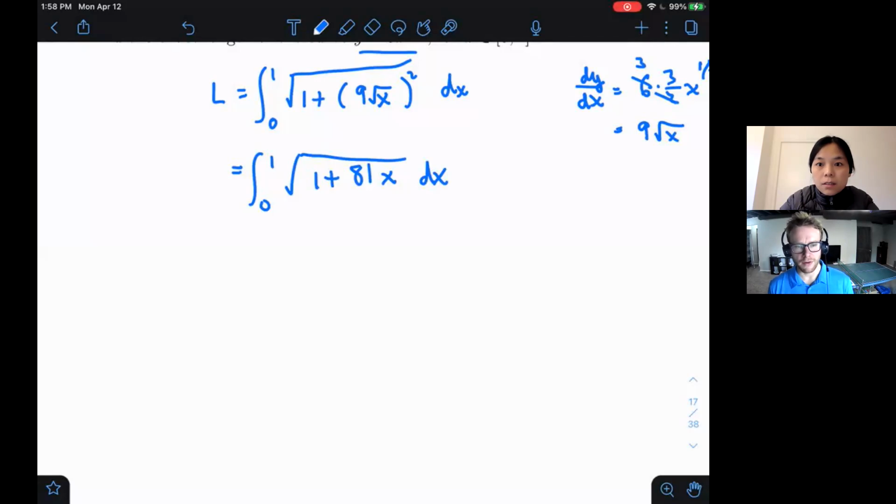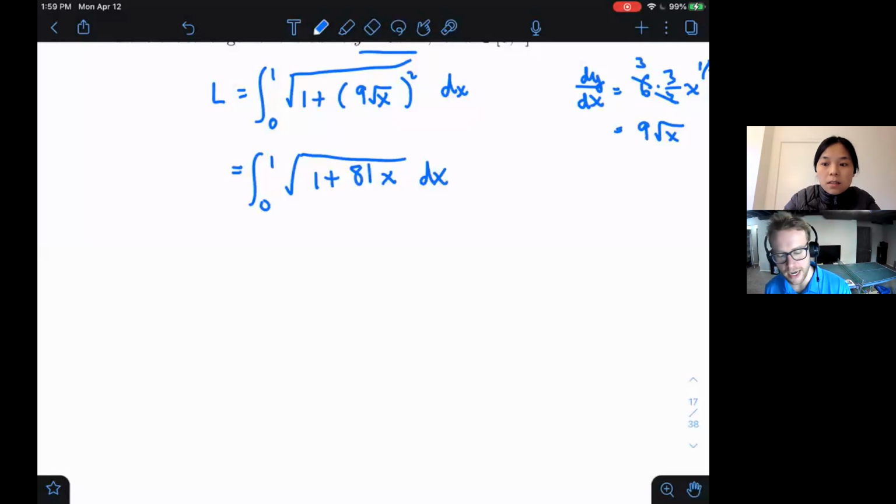Usually, though, I've found that these problems are fairly nice. They're usually some u substitutions, or there's some fancy way that you can take care of the square root. Worst case scenario, with the square root there, we've been conditioned to think about trigonometric substitution. So you may have one of these on the WebWork homework where you have to do a trig sub, but otherwise, hopefully there's a fast way to take care of this.